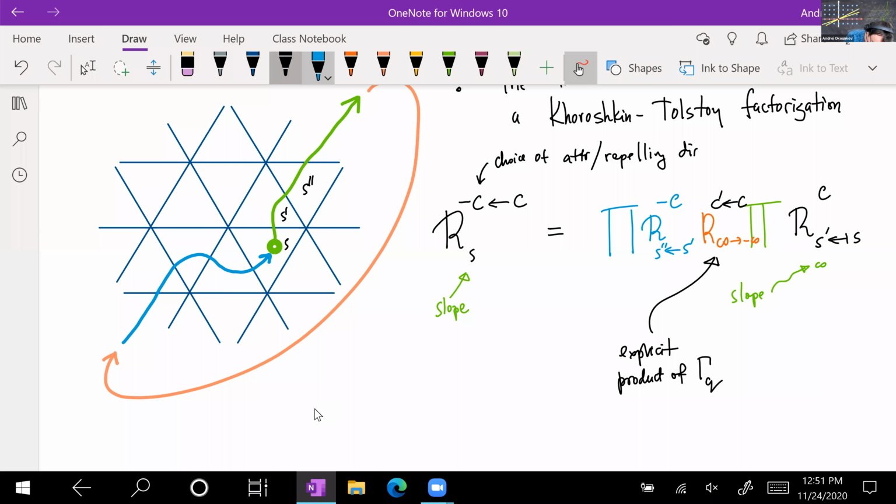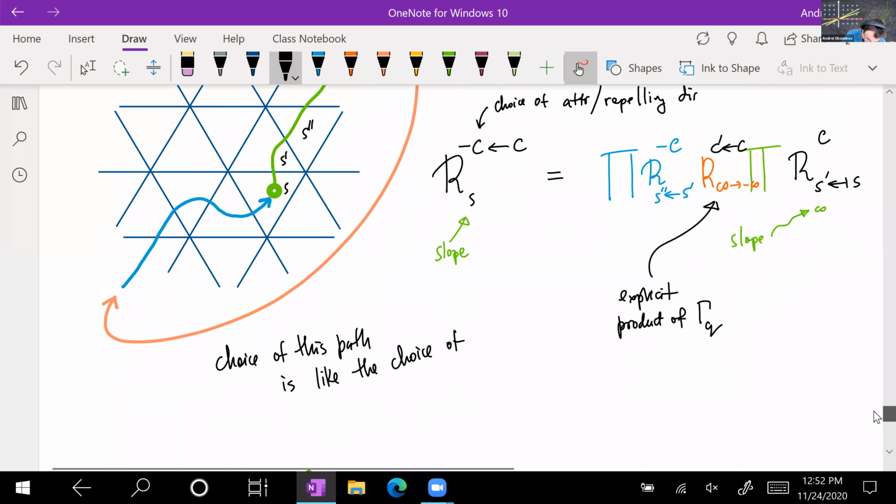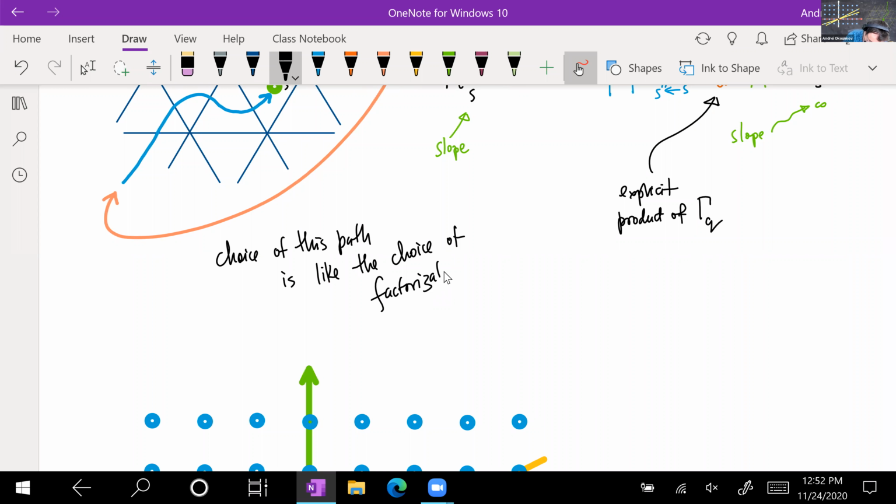The choice of this path is analogous to the choice of factorization of the longest element in the Weyl group. So if you look in Lusztig, then various statements.